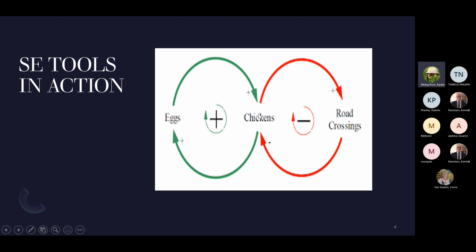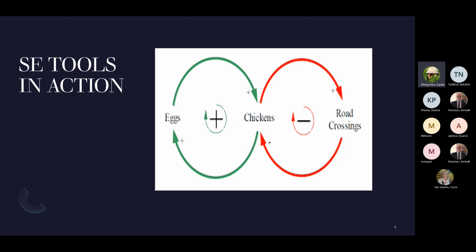So as more chickens cross the road, this is what we call a balancing loop, meaning it balances the other one, because as more chickens cross the road, more chickens will die and it will reduce the population. So it's a cycle, and it's another systems engineering tool that one can use.